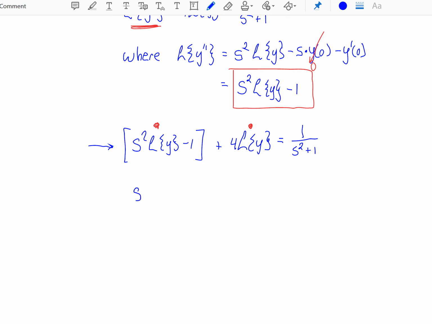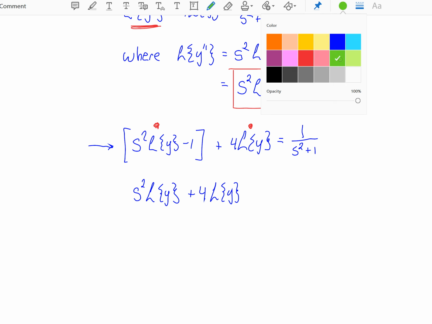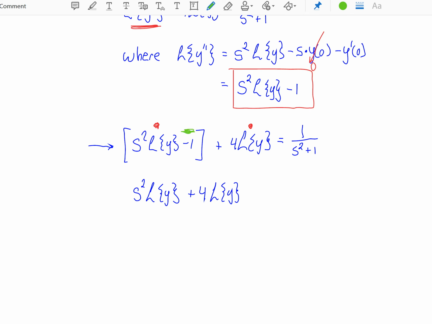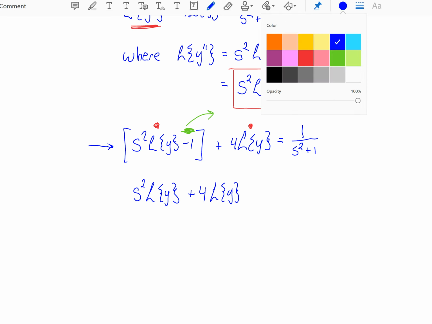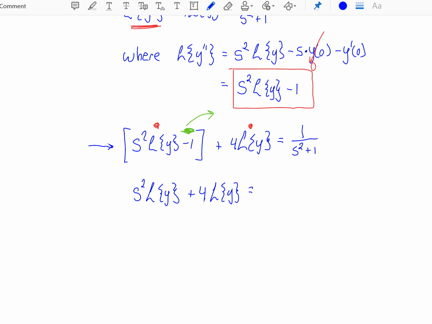So we'll have s squared Laplace of y plus 4 times the Laplace of y. And this constant term that doesn't have a Laplace of y, let's move that to the right-hand side of our equal sign to give us 1 over s squared plus 1 plus 1.